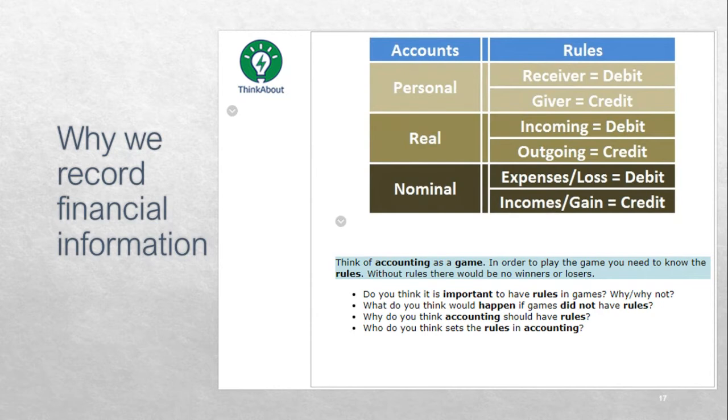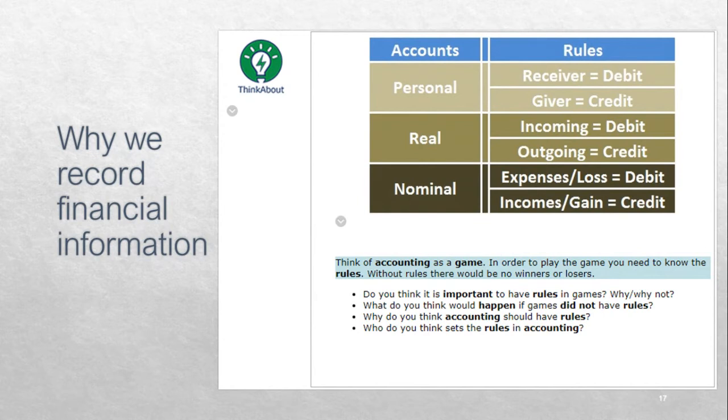Another reason is, let's say I am the accountant for Coca-Cola and something happens to me today, and I am unable to go back to work tomorrow. If we do not have a normal set of rules, it will be very difficult for someone else to take over my role and continue where I left off if we do not follow the same rules or principles, because they will not know what I have done and what structure I've used in documenting the information.